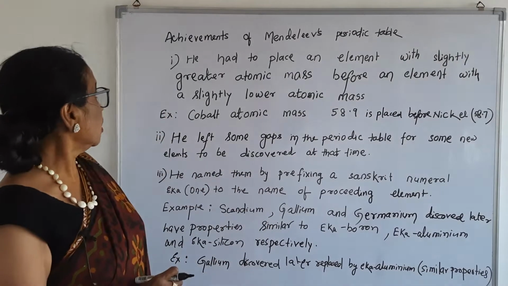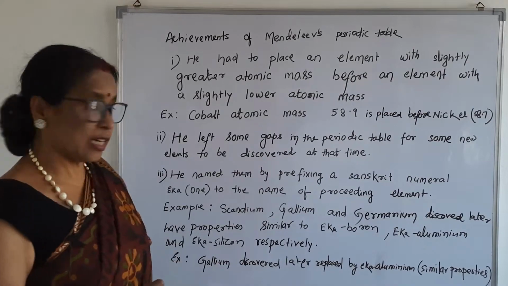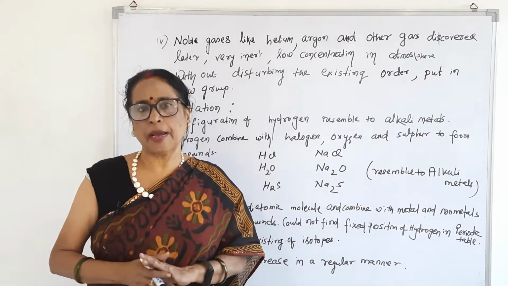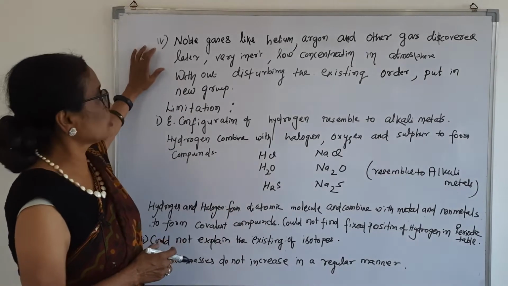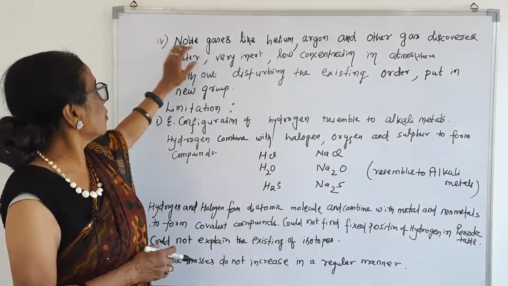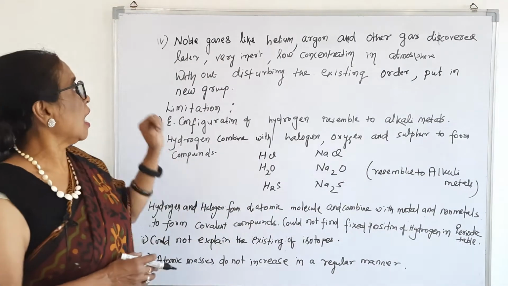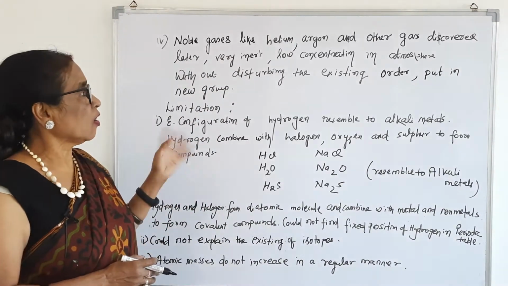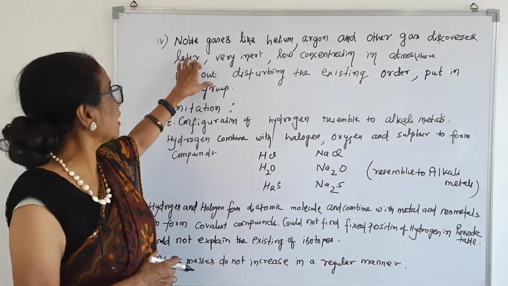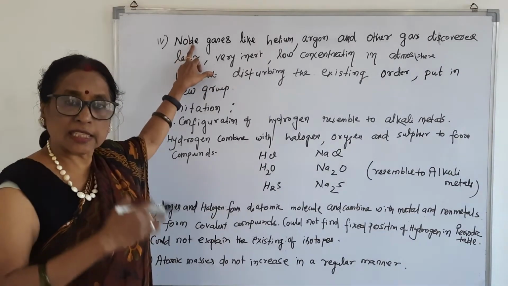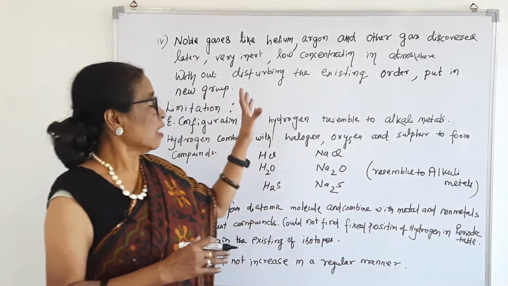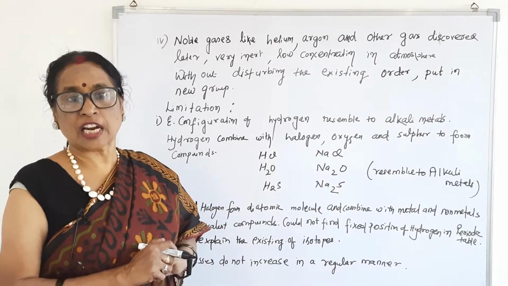Now we will see some advantages, the achievements of Mendeleev's periodic table. Next, achievement number 4: what about our noble gases? Noble gases like helium, argon, krypton, xenon and radon were all discovered later, and they are very inert and have low concentration in the atmosphere.